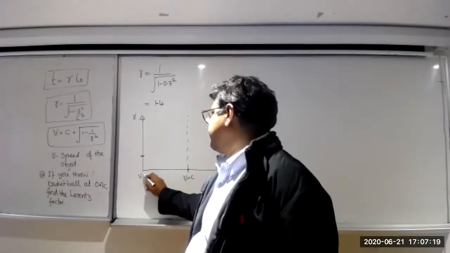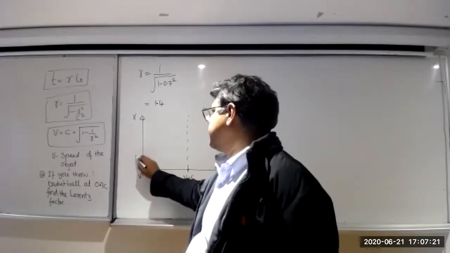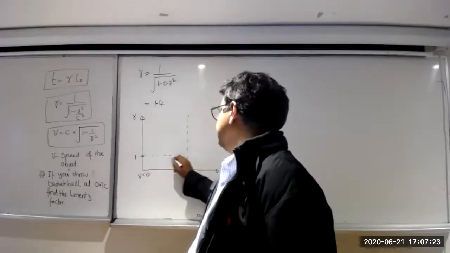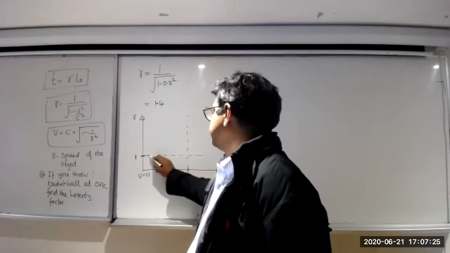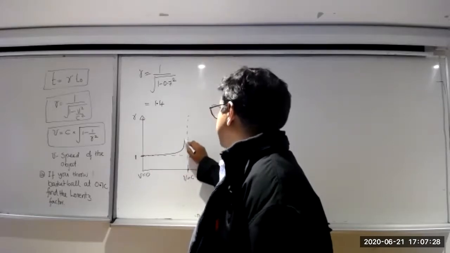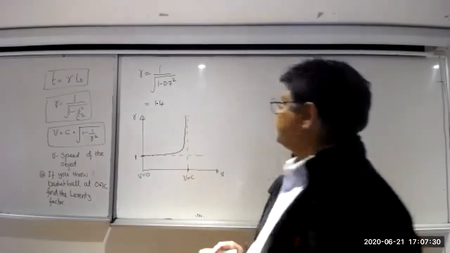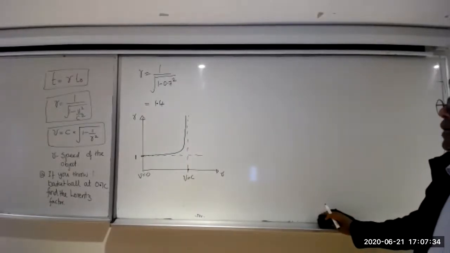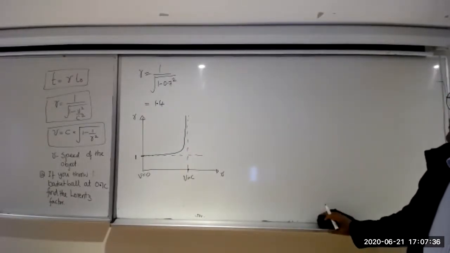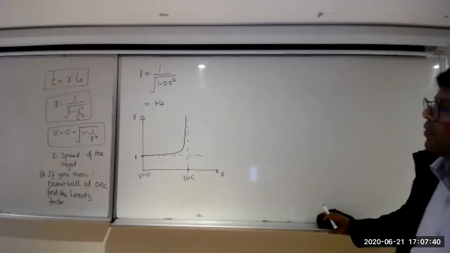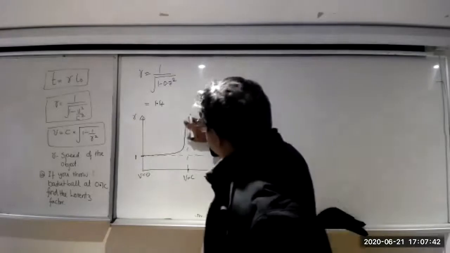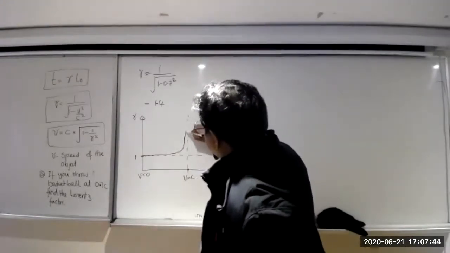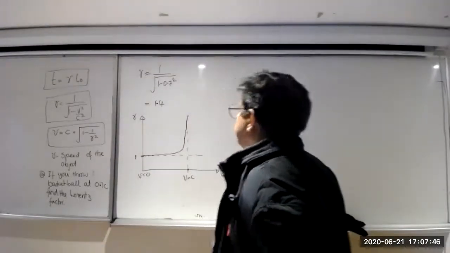When v equals 0, the gamma becomes 1. So you need this graph because it indicates that if I want to speed up until the speed of light, I need an infinite amount of energy. Later on you will see that.